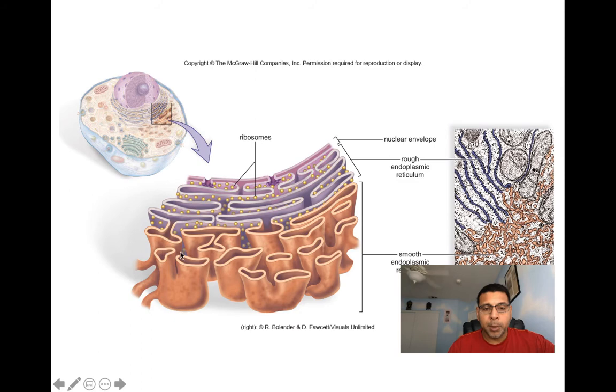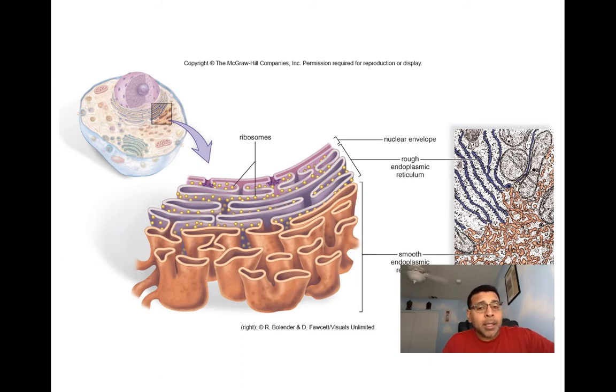So here you can see smooth ER and then rough ER. This area has no ribosomes, hence the name smooth endoplasmic reticulum. The smooth ER synthesizes the phospholipids found in the cell's membrane.